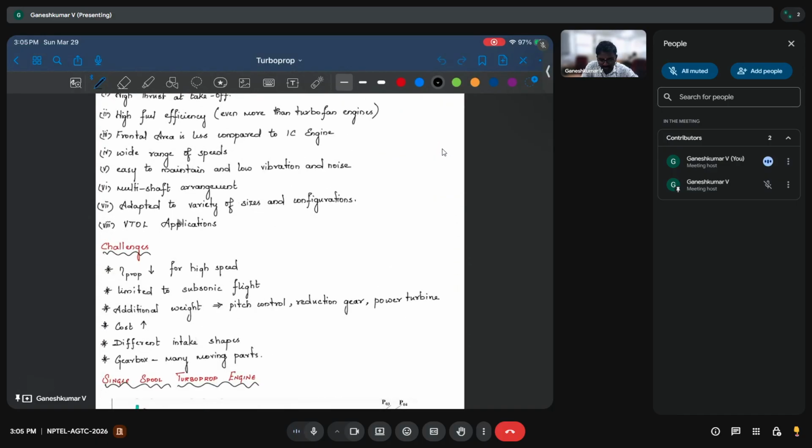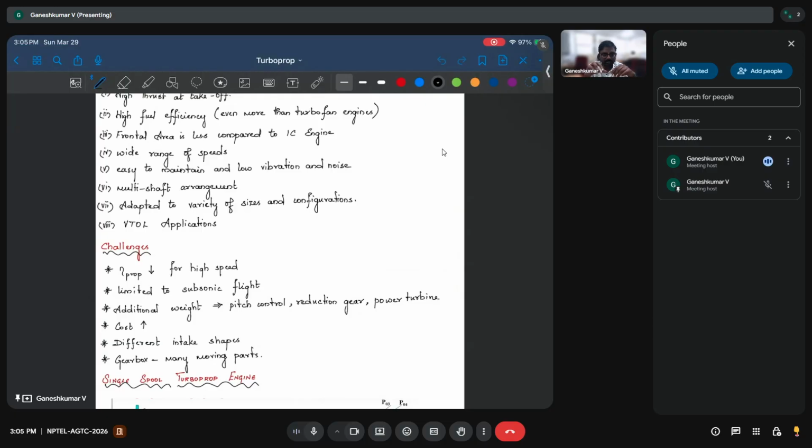Multi-shaft arrangements can be adapted to a variety of sizes and configurations, and especially for VTOL, vertical takeoff and landing, applications. You can tilt the entire engine to change the direction of the thrust, and that is used for takeoff and landing.